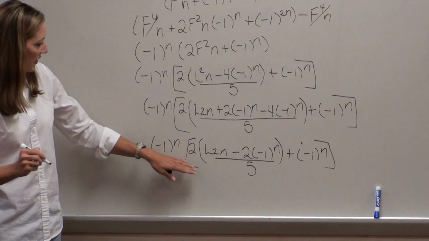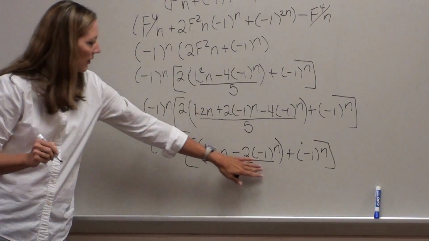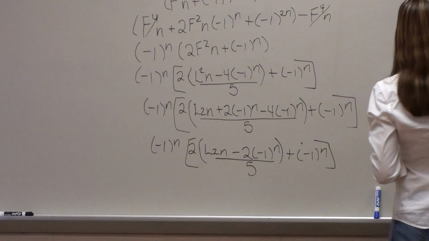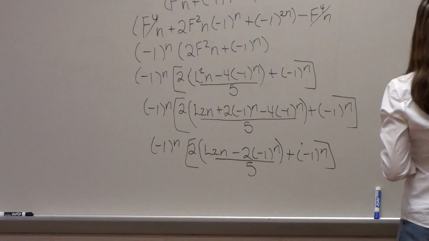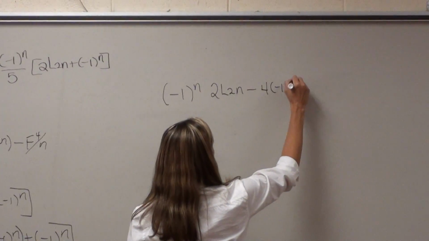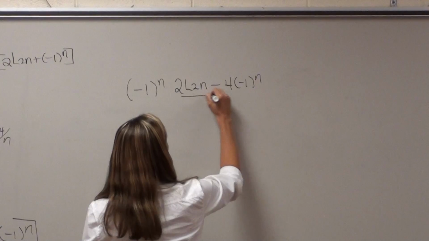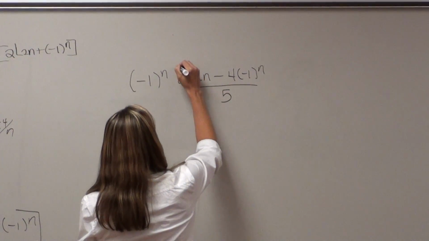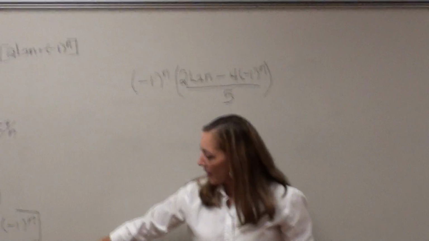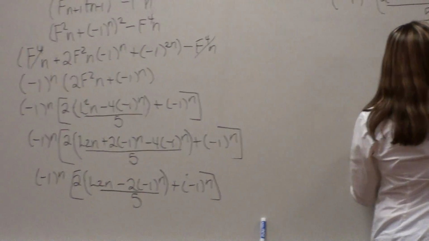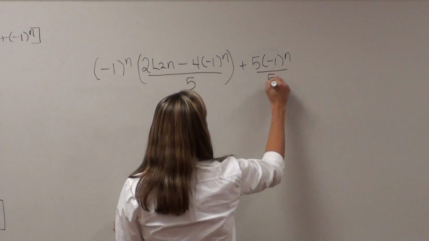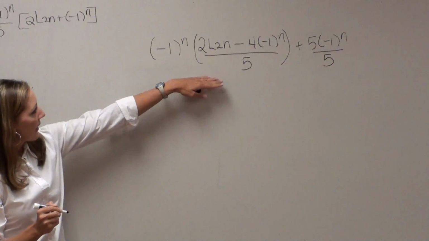I'm going to move over to the other side. I'm going to distribute the 2 here, and here. At this point too, I can multiply top and bottom by the -1 to the n. And I can go ahead and combine terms again.